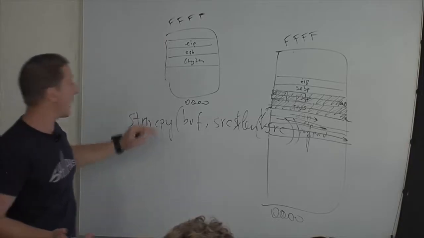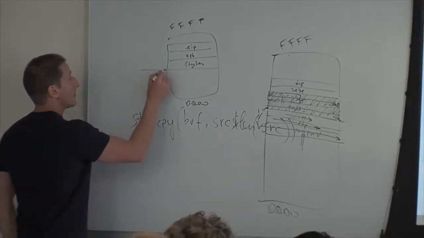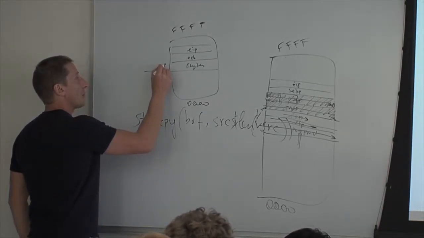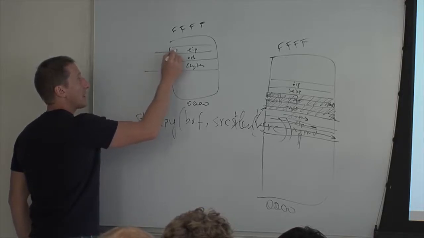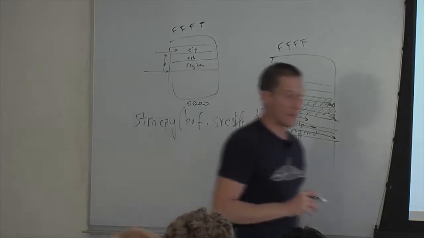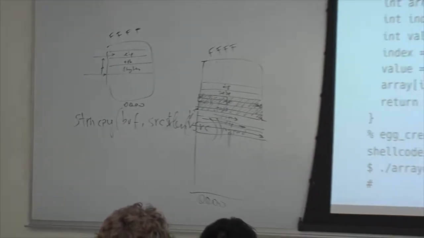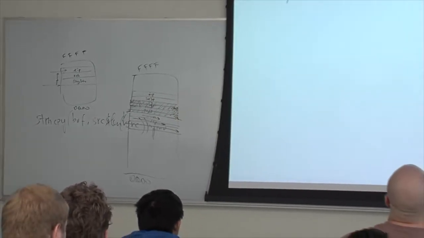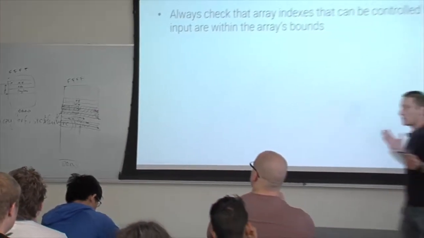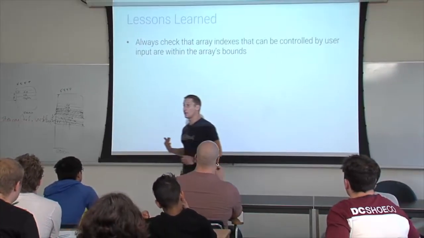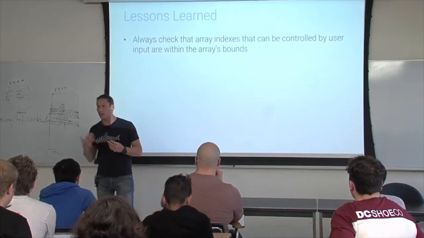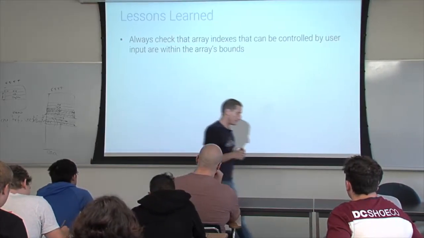It's just an offset from this base address. So your offset was supposed to stop here. You go up to here, and suddenly you can change the EIP. So these are, in some cases, absolutely trivial to exploit. Of course, lesson learned, check your array bounds, both negative and positive, okay? Because they can be, of course, abused both ways.